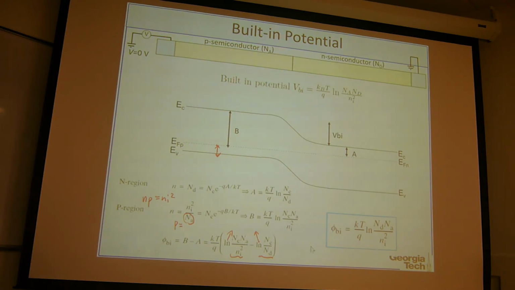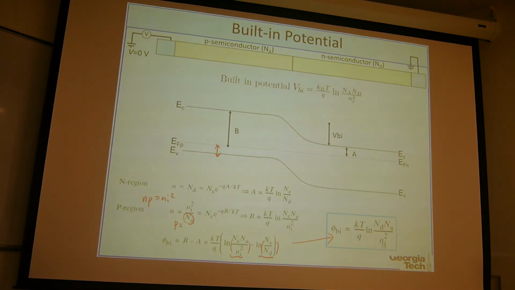Eventually you get this one. So the barrier height depends on the thermal energy and the natural log of Nd Na over Ni squared.